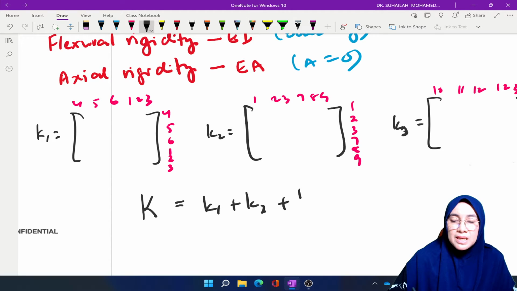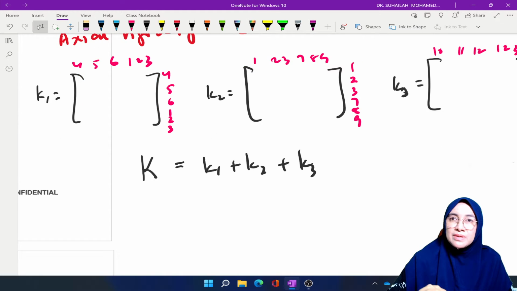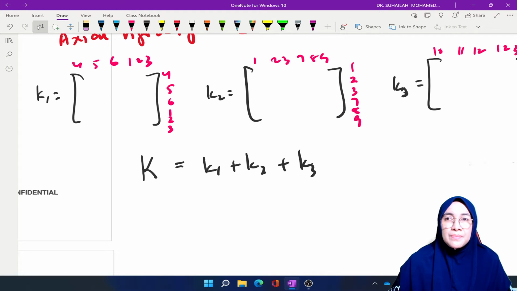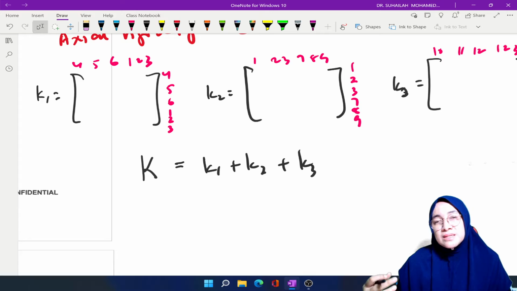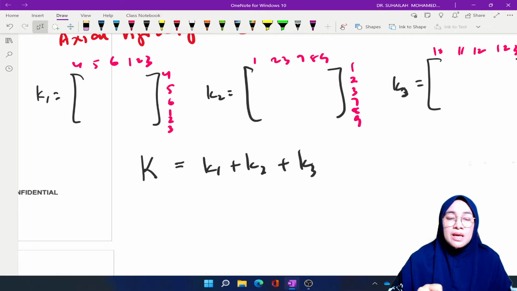This is actually for question B, because for question A, we just need to establish element stiffness matrices K1, K2, and K3, and the equivalent element nodal forces for Q1 node, Q2 node, and Q3 node.